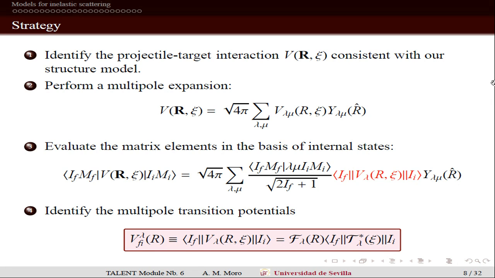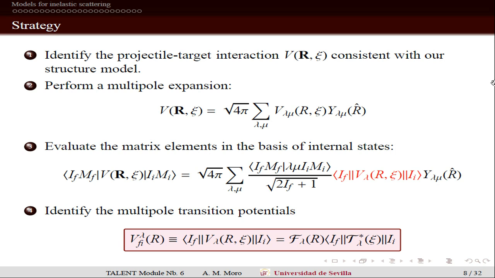Then we have to calculate the transition potentials in some basis. So, for example, if we have the basis characterized by the angular momentum of the projectile or target, the one that is excited, then these matrix elements of this expansion look like this. Here I have used already the Wigner-Eckart theorem in the form assumed by Bohr-Mottelson, for example. That's why we have this factor here.